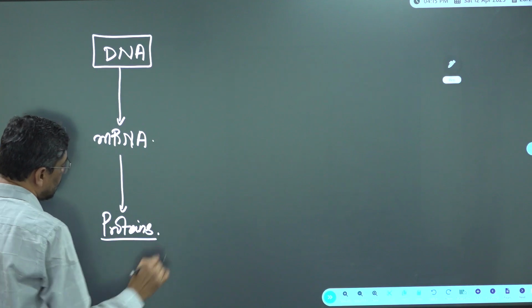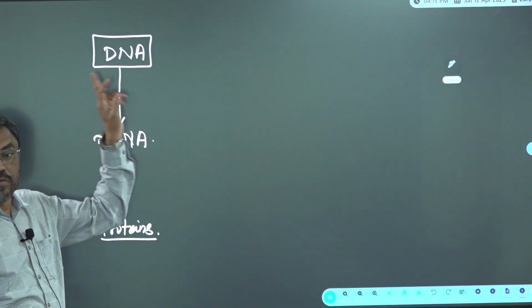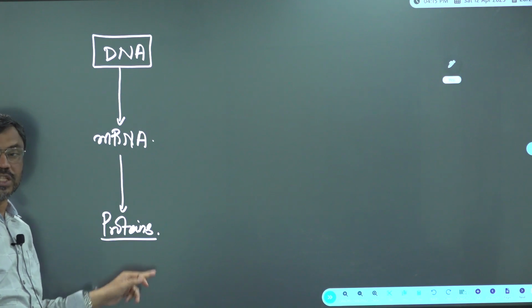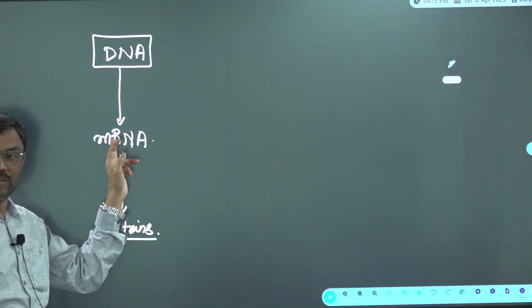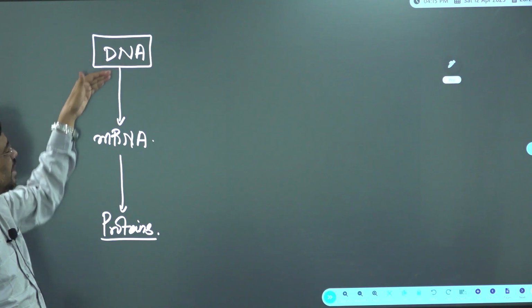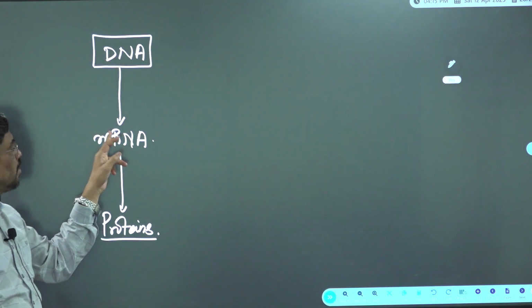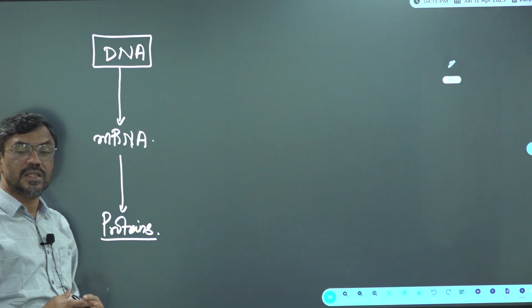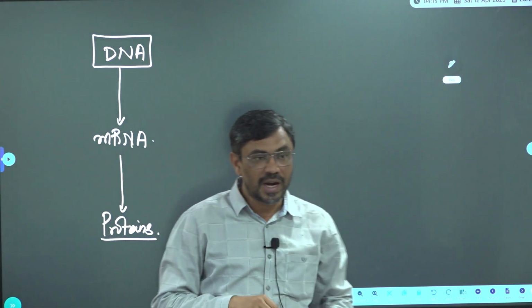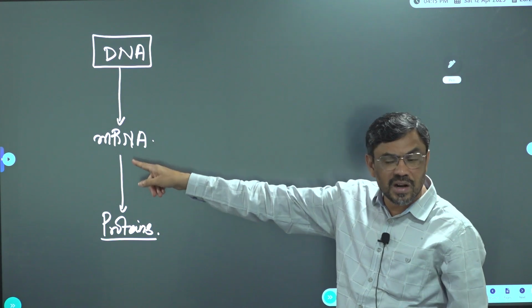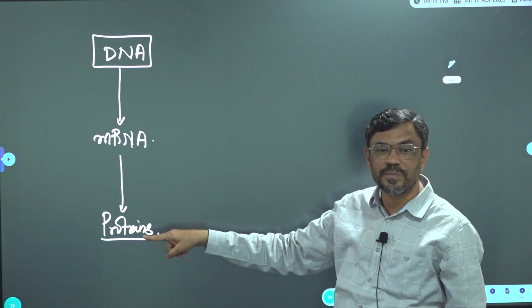That means the information present in the DNA will be expressed in the form of proteins via mRNA. The DNA is giving orders, these orders are carried by mRNA, and they will be implemented in the form of proteins.